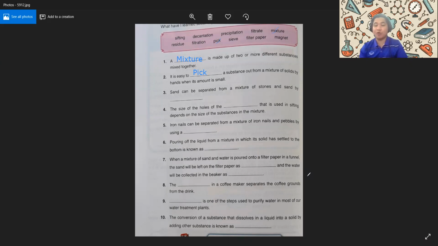Sand can be separated from a mixture of stones and sand by, what will you use to get sand? If there's a mixture of sand and stone, remember, sand is very small. You cannot use your hands.